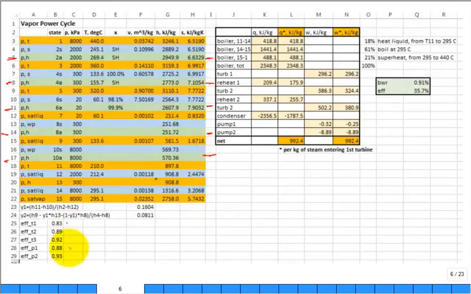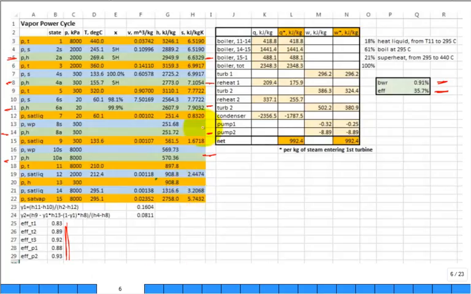These are some efficiencies to modify, change up the problem. It does not improve the overall thermal efficiency of the plant. It degrades it, as you might expect. It does have a small effect on the back work ratio. I already talked about all of those steps.